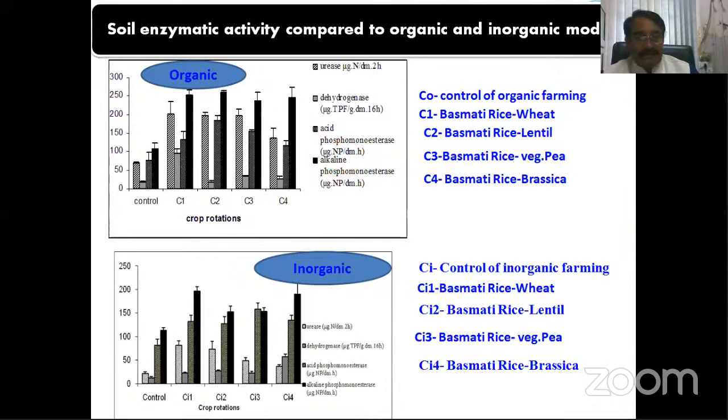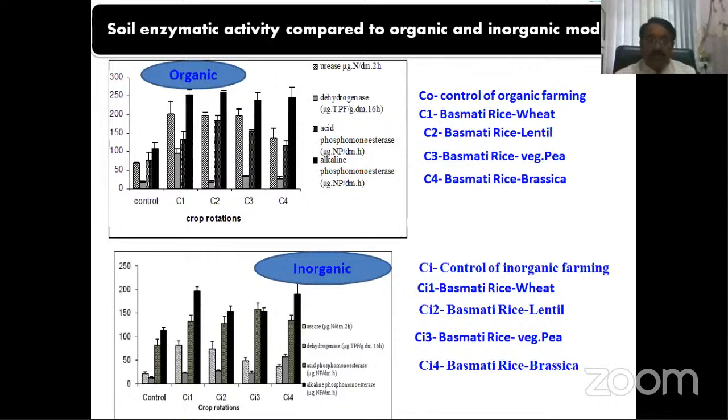Not only that, we analyzed one week before, though the data has not been summarized yet, with the help of a very senior microbiologist, Dr. Rita Goel. She has done a genomic level study in the organic and inorganic soil.